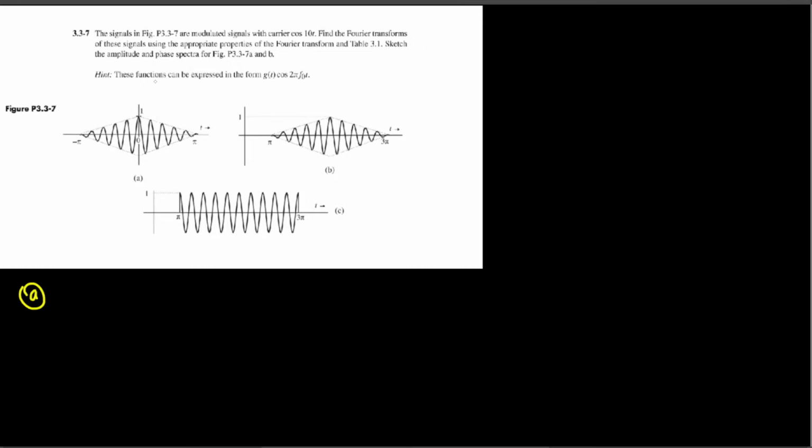They have provided that these functions can be expressed in the form g(t) cos 2π f naught t. So I'm going to go ahead and do the signal.